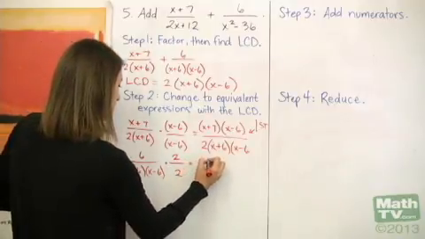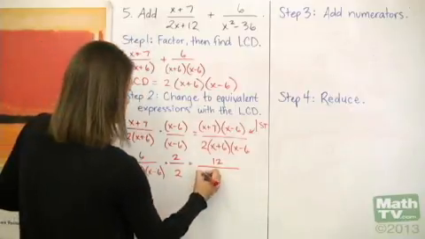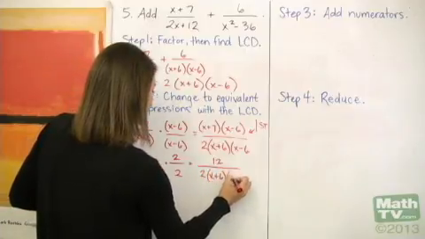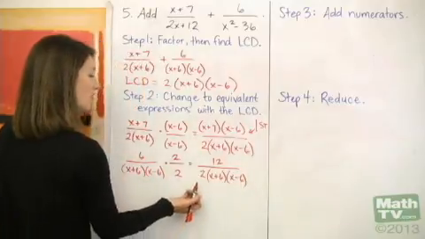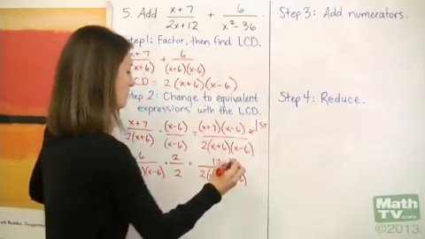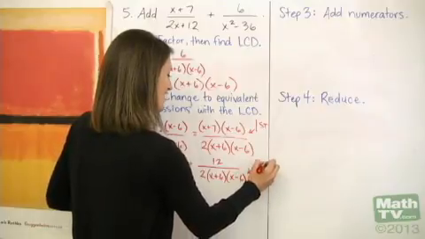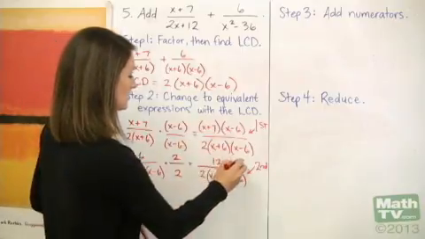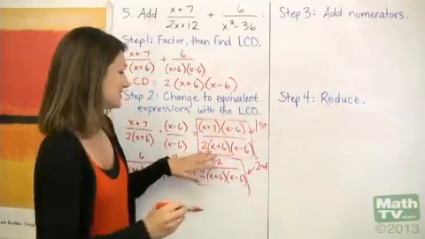That gives 12 over our lowest common denominator, which is 2 times x plus 6 times x minus 6. Oh, I forgot to close the parentheses. Okay, so now we have our equivalent fraction for our first expression and our equivalent fraction for our second expression. We're going to use these two equivalent fractions here, and we're going to add these together.